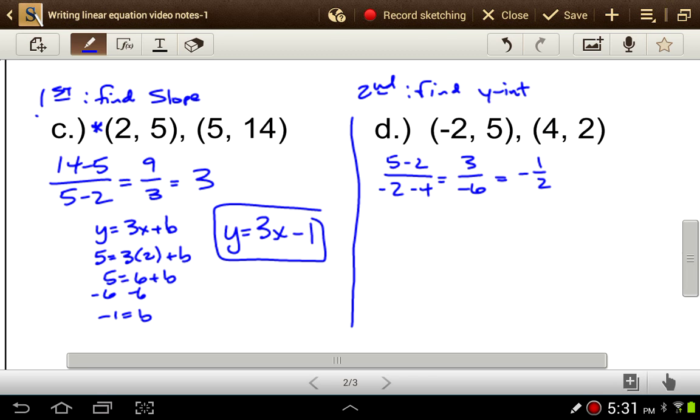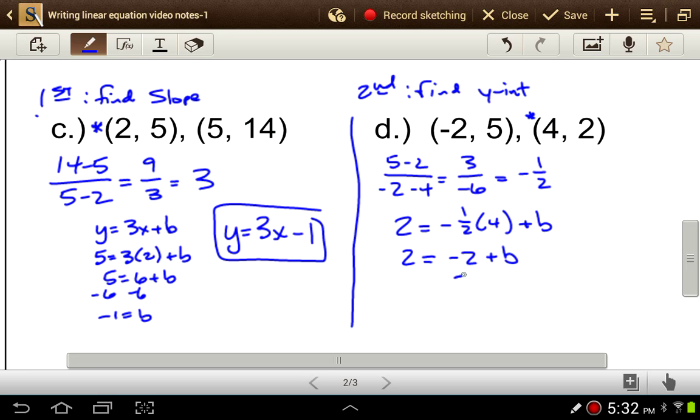Okay, so I'm going to plug in one of the points. I'm going to do this one because they're both positive numbers, which I think will be easier to use. So I'm going to do 2 equals negative 1/2 times 4 plus b. Okay. Now I'm going to solve that, so it's going to be 2 equals negative 2 plus b.